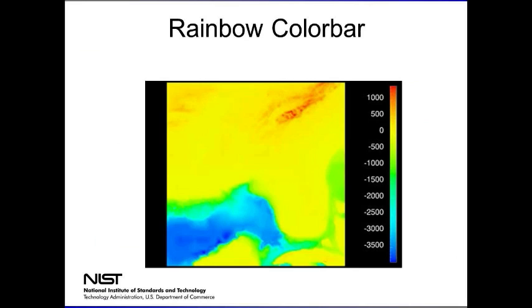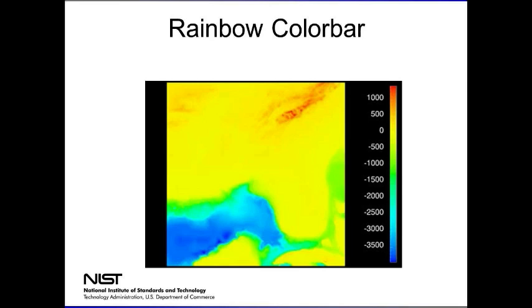Now, this is an example I give a lot to talk about the importance of color and why choosing the wrong color bar can mislead you or hide the meaning of the data that you're trying to present. If you haven't seen this before, you could just say, well, this is just a data set representing a bunch of numbers going from -35 to +1000, whatever units they are.